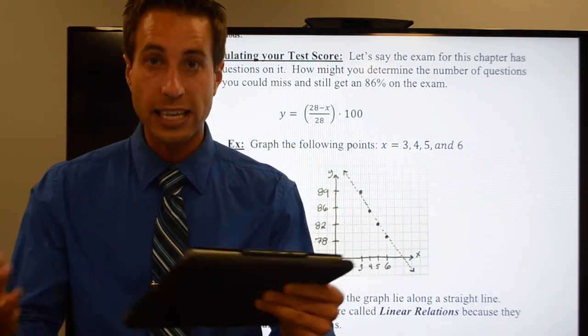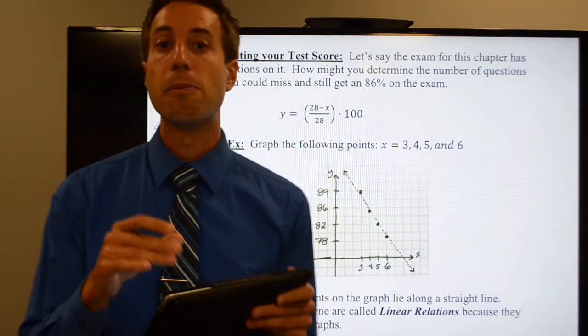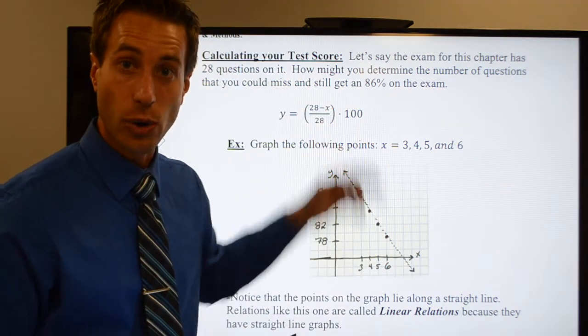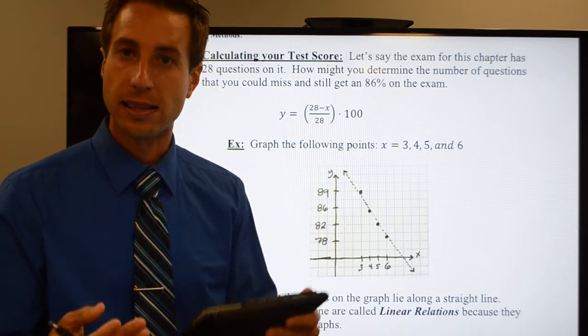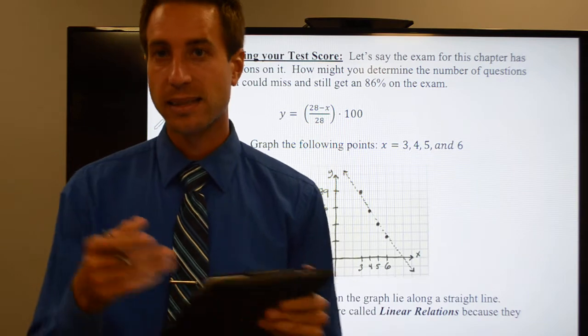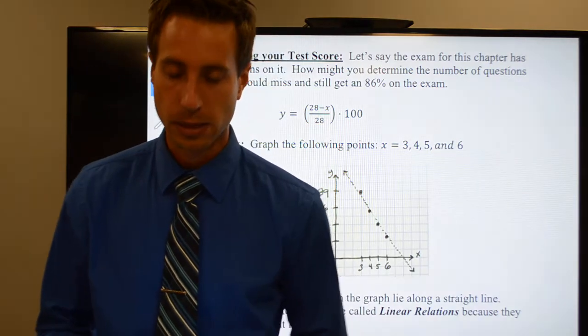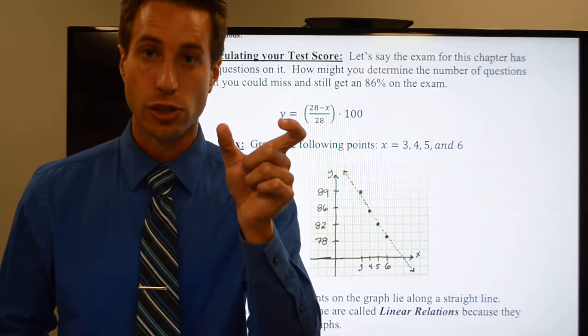You got 24 right, you got 4 wrong, right? Because I want to know how many questions I can miss and still get an 86%, we're doing 28 minus the number of questions that you've missed. That tells you how many questions you got right.